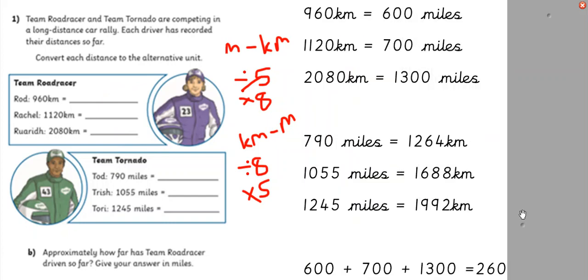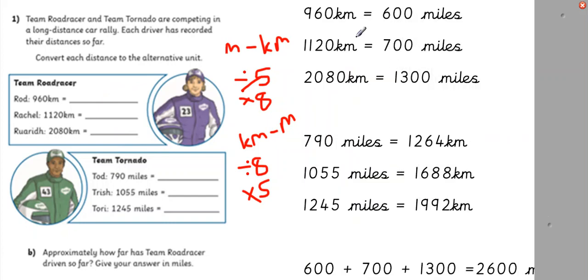So then, this is my answer. So I've worked out Team Road Racer first. Rod has driven 960 kilometres, which is approximately 600 miles. Rachel has driven 1,120 kilometres, which is approximately 700 miles. And Rorid has driven 2,080 kilometres, which is approximately 1,300 miles.